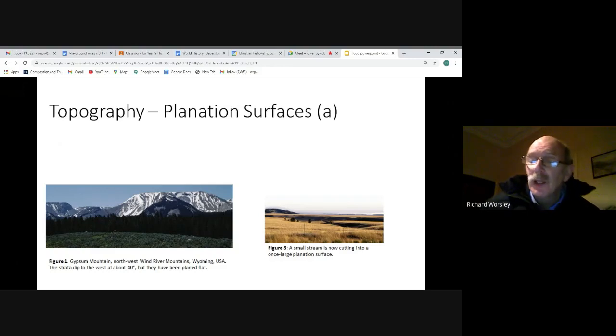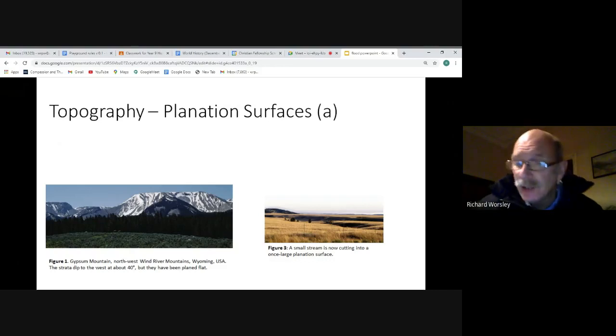But you've got, in a sense, to think about 2 types of water flow. One is the sheet water flow that creates plane surfaces and these big, wide expanses. Then you have your channelized water flow, which we'll look at later, which is your end stage of the water draining into the oceans and leaving behind dry land.